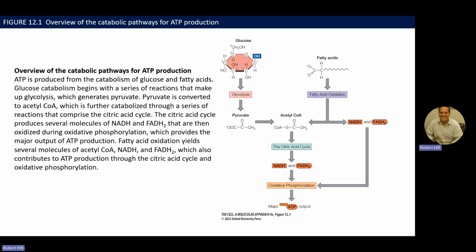What is the rate limiting step for glycolysis? What is going to limit glycolysis? The amount of NAD+ that is available in the cytoplasm. So there has to exist something in the cytoplasm that oxidizes NADH into NAD+, and this is called fermentation.